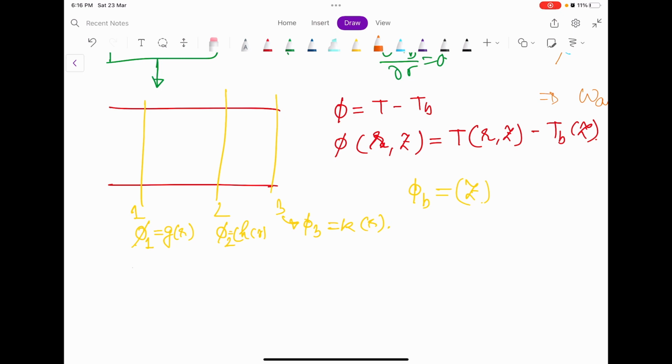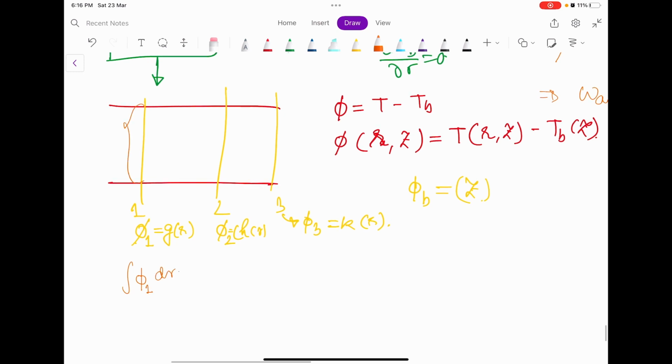If I integrate phi 1 over r, this integral of phi 1 may be equal to the integral of phi 2 dr, may be equal to the integral of phi 3 dr. I cannot say whether it is compulsory or not.